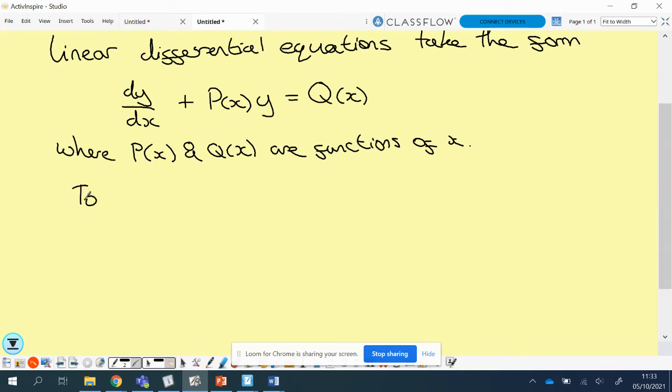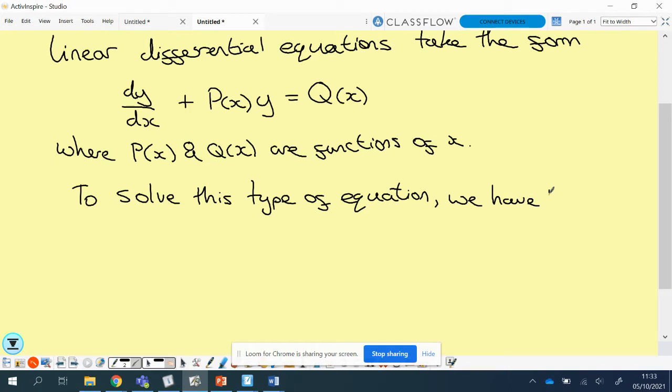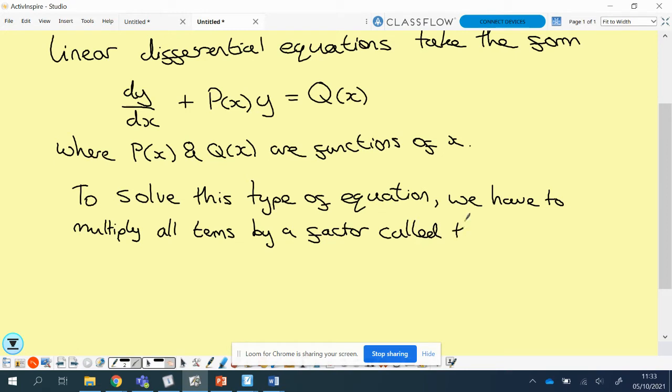So to solve this type of equation, we have to multiply all terms by a factor, and it's called the integrating factor.